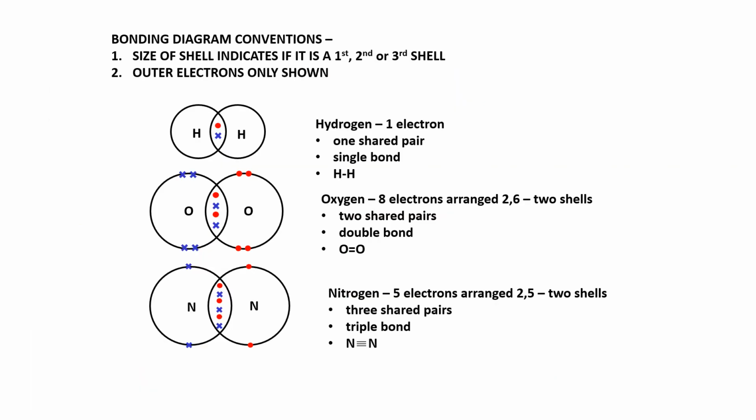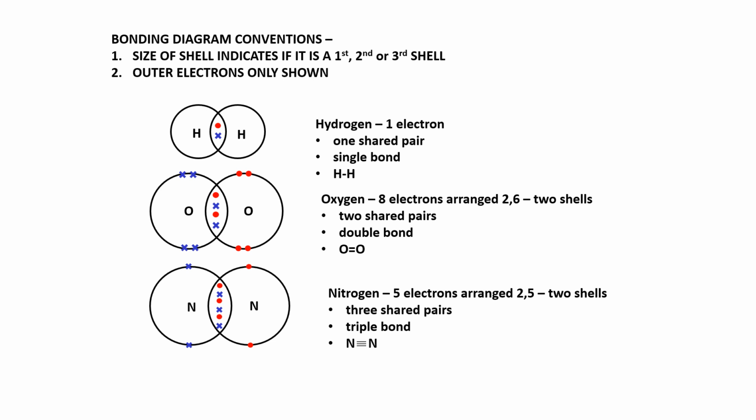Remember folks that you can either represent a molecule of a covalent substance by a dot and cross diagram or using black lines. So hydrogen here has one shared pair, a single bond. You would draw one black line between two hydrogens to represent that.